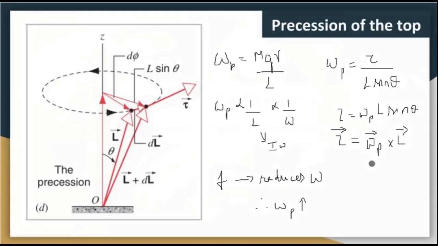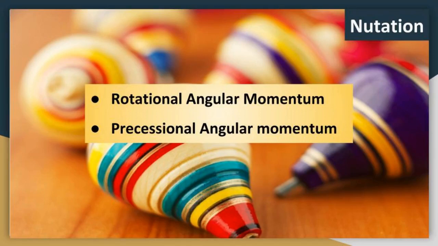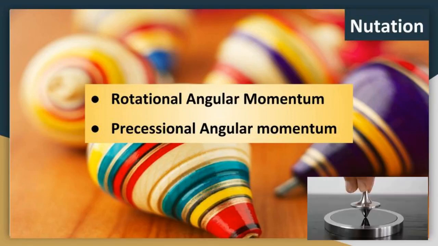There are actually two components to the angular momentum of the top. One is rotational angular momentum about its symmetry axis, and another is precessional angular momentum. The total angular momentum is the sum of these two vectors. So this in general does not lie along the symmetry axis of the top.